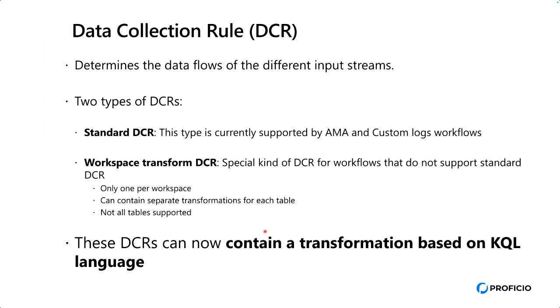And if we take a look at the DCR, data collection rule, there are two types of these DCRs. One is standard DCR. This type is currently supported by Azure Monitoring Agent or custom logs workflows. And there is also the workspace transform DCR, which is a special kind of DCR for workflows that do not support standard DCR.